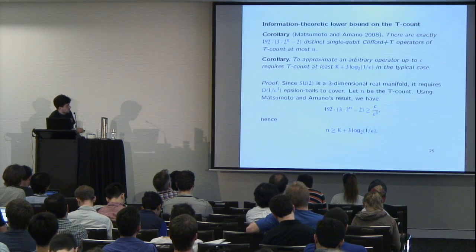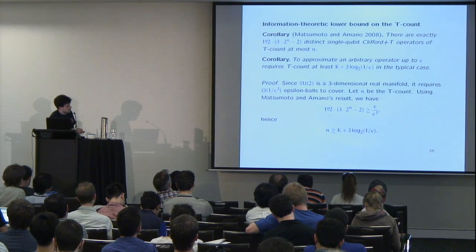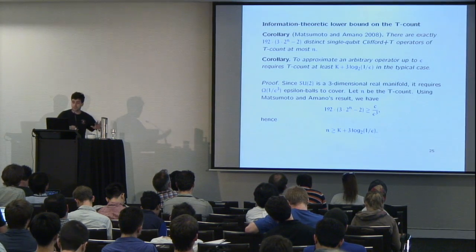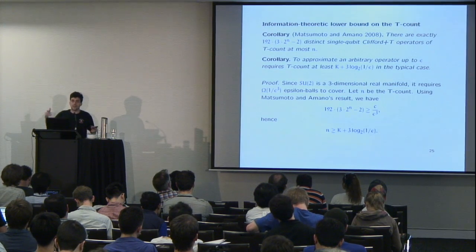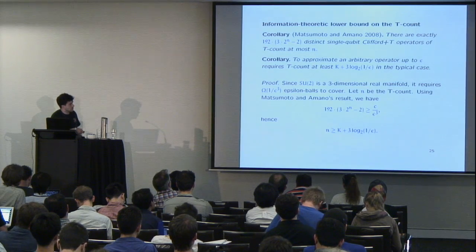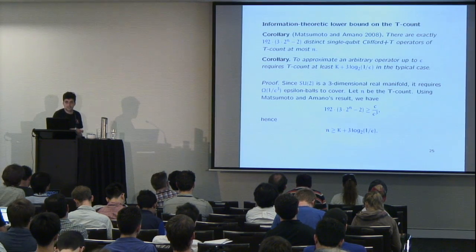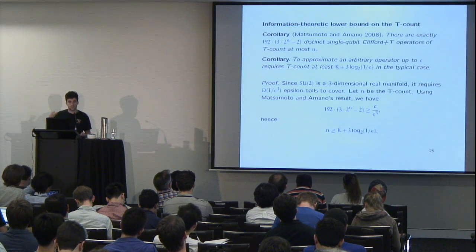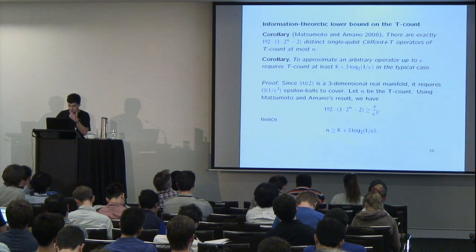So you get the following inequality, and solving for n, you get your lower bound. This is an average lower bound, right? So it means that in the typical case, you'll need this many gates. Okay, so that's a first very nice result about the structure of these operators.